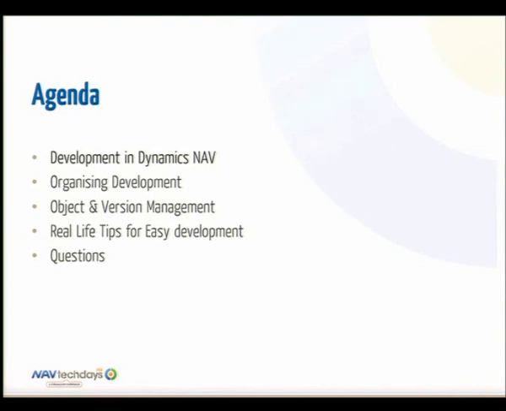And then I also have some real-life tips for easy development, things like using the C/AL editor differently, and just some backdoors in the product that you might know or might not know. And then I hope that there is some time for Q&A.